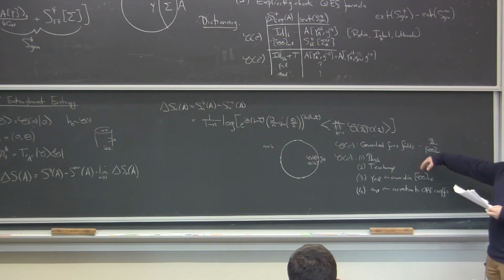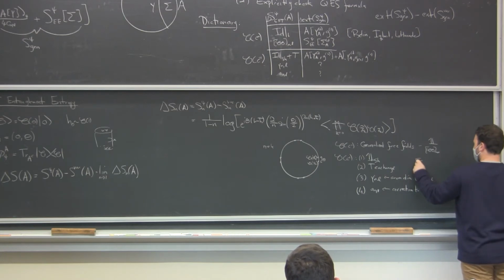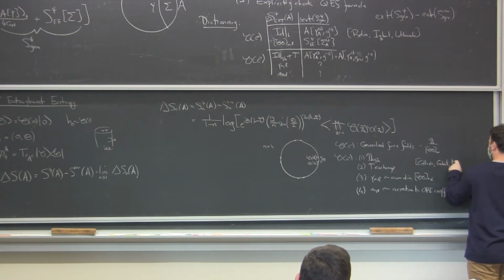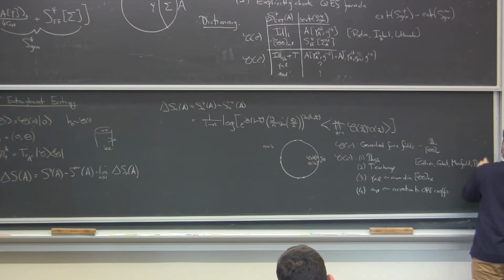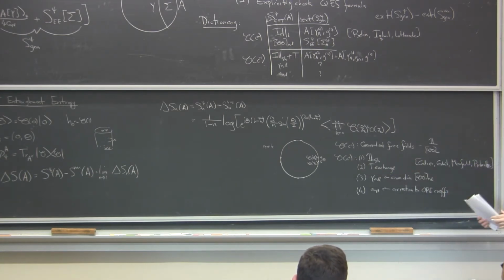And these things can actually be computed. One place they were computed is in this paper by Collier, Gobay, Maxfield, and Perlmutter, using large C bootstrap techniques, and you can actually explicitly compute all of these contributions to this OPE.